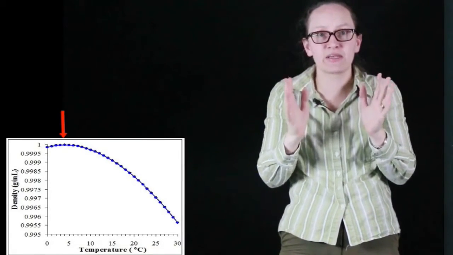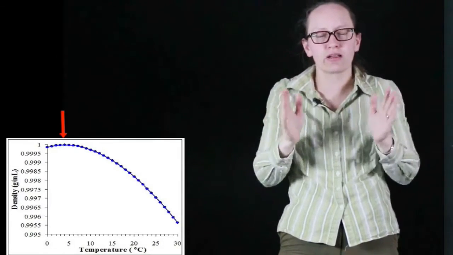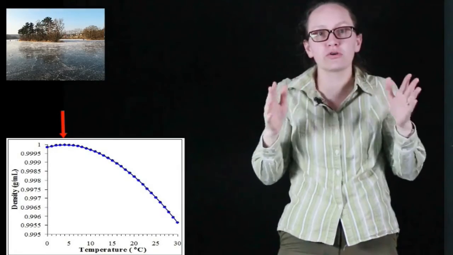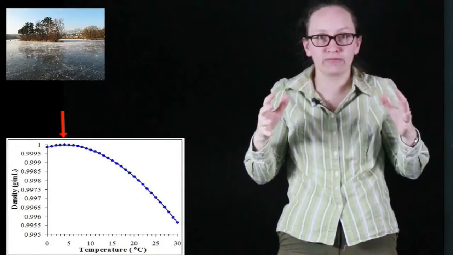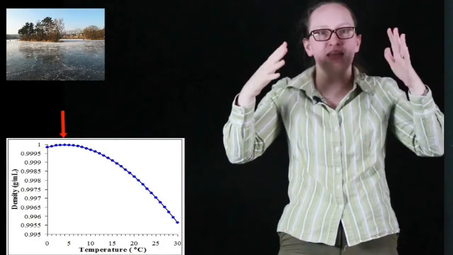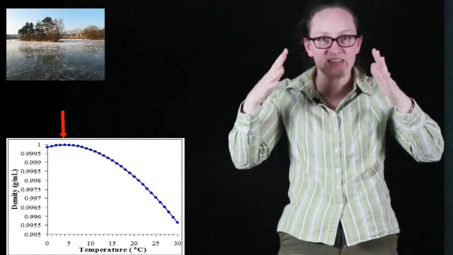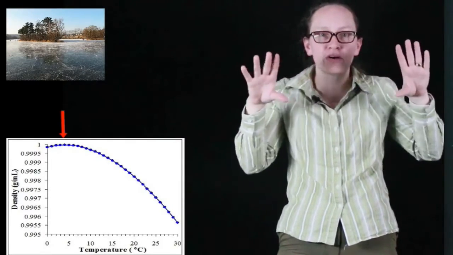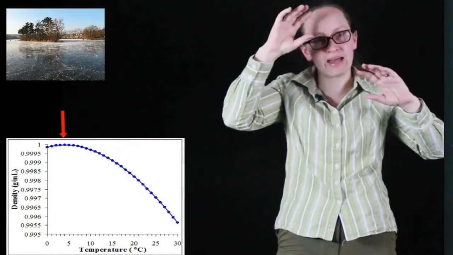Now let's say it's the middle of winter. The pond's cooled down to 4 degrees C, and the atmosphere is a bit cooler than that. Say the atmosphere is at 2 degrees C. So the top of the pond now gets cooled by the atmosphere.